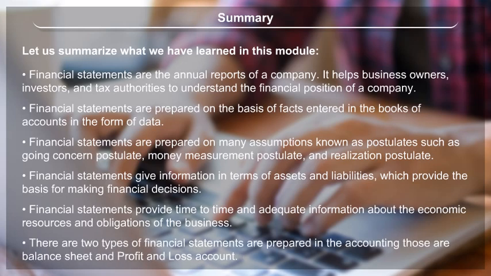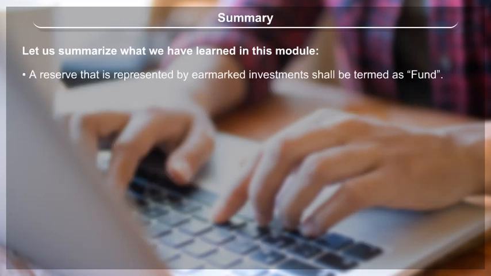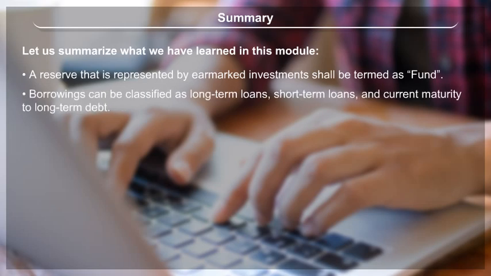There are two types of financial statements prepared in accounting: the balance sheet and the profit and loss account. A reserve that is represented by earmarked investments shall be termed as fund. Borrowings can be classified as long-term loans, short-term loans, and current maturity of long-term debt.